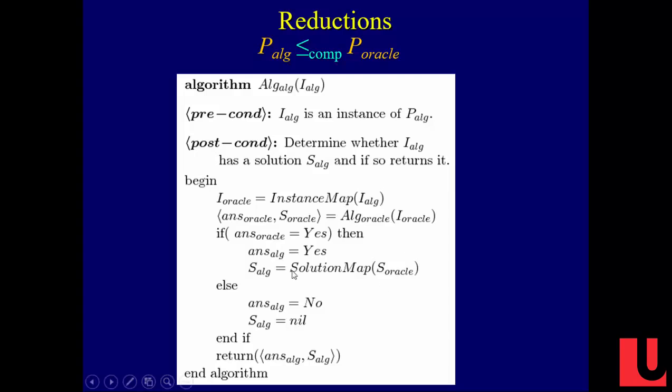All right? And then, if she says yes, I say yes. If she was nice and gave me a solution, I could take her solution to her problem and map it back to a solution to my problem. All right? So you need to have these solution maps as well.